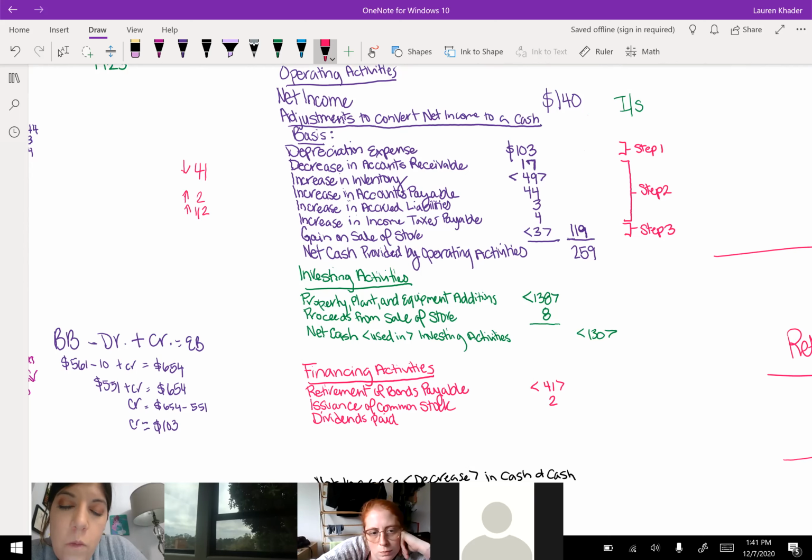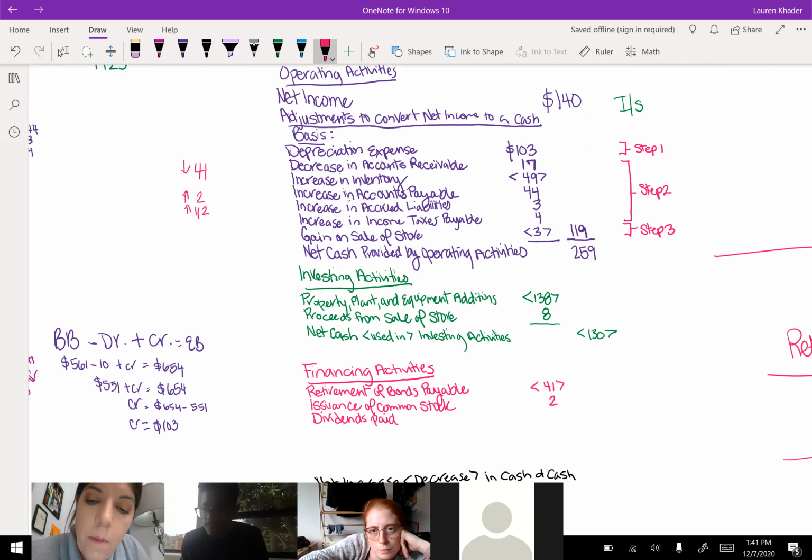Outflow or inflow? Outflow. Outflow, 28. Again, a single underline.